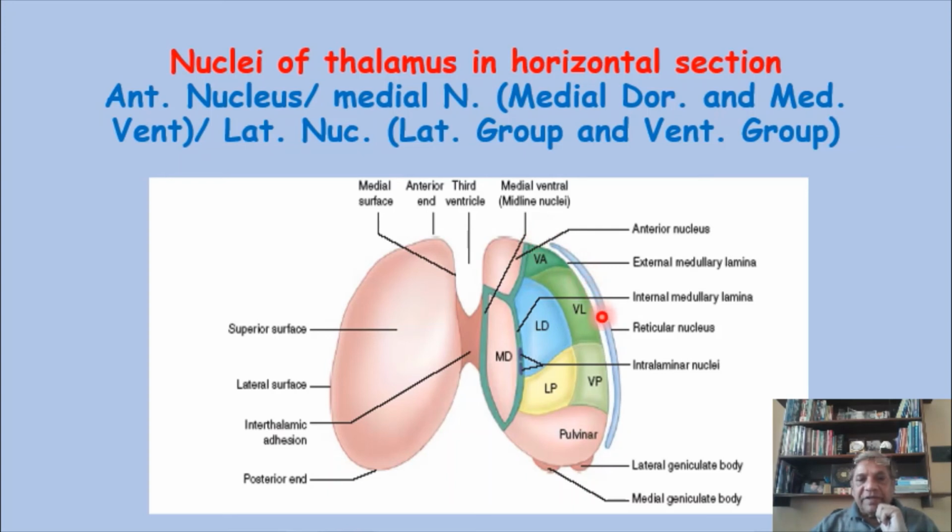And this is the ventral nucleus, and in the ventral nucleus again there are three nuclei: ventral anterior, ventral lateral and ventral posterior. But this ventral posterior nucleus is further subdivided into two, which we will see in the next diagram by taking a section passing through this ventral posterior nucleus.